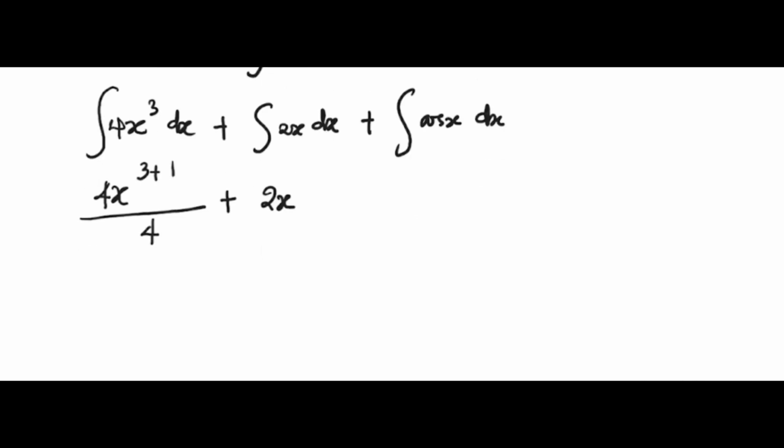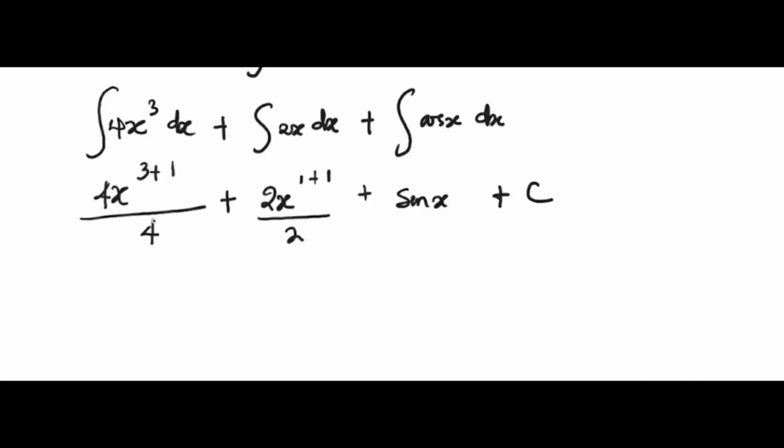So plus 2x raised to power 1 plus 1. So please, the denominator I am writing, this 2 here is a function of this, not this, right? That's the sum of the powers. Okay. Now, if you integrate cos x, you have sin x. Then I'll bring in my constant.